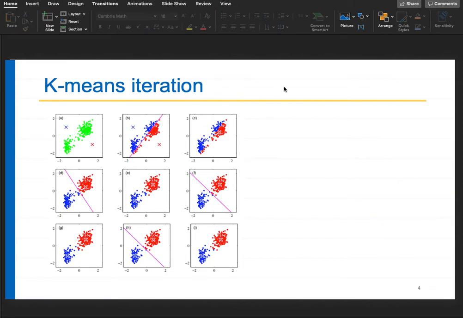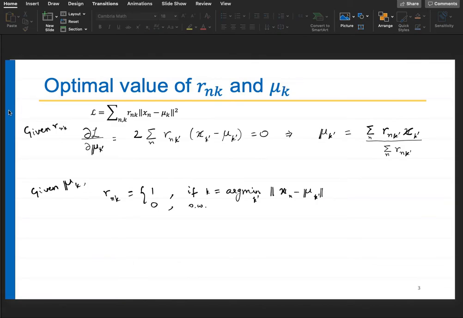The next thing is, given the R, I have to estimate my mu. That is a simple optimization. What is it called? Maximum likelihood estimation. Basically, you take all your samples and try to maximize this loss function with respect to this unknown parameter, which is mu in this case. So I am differentiating L with respect to mu, keeping R and K as given.